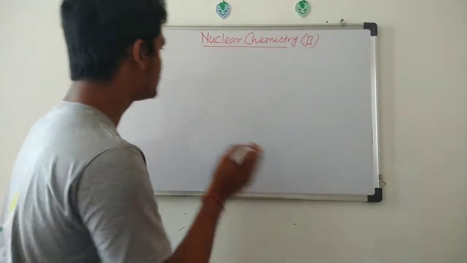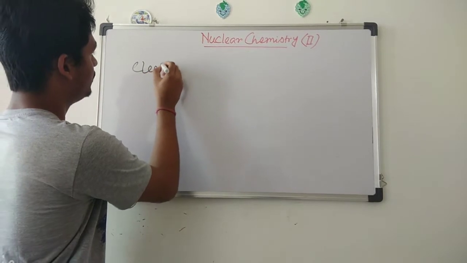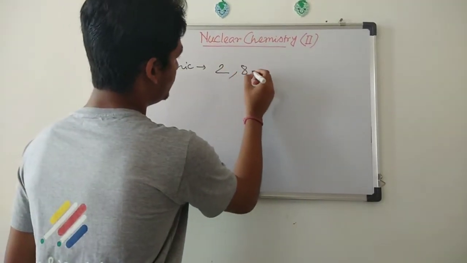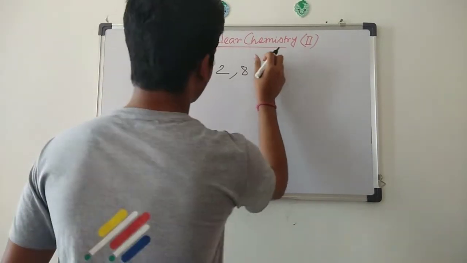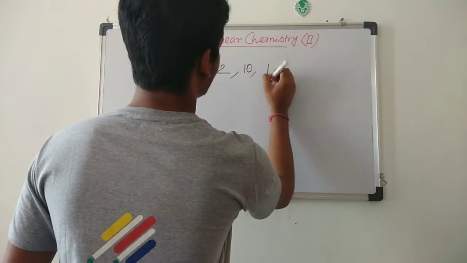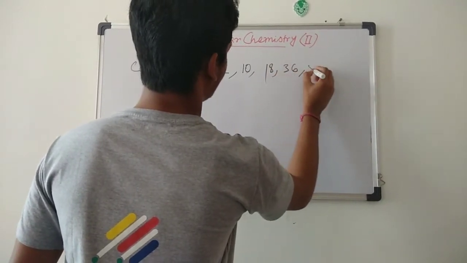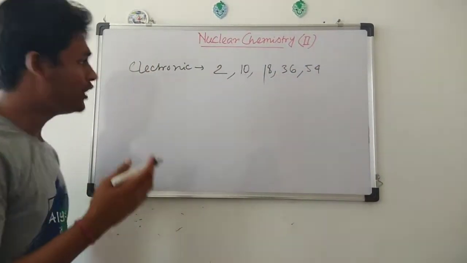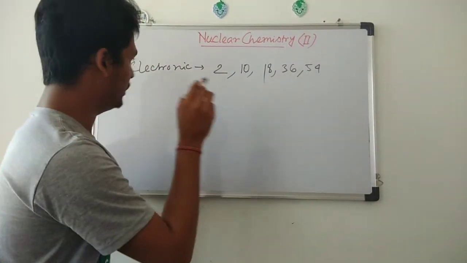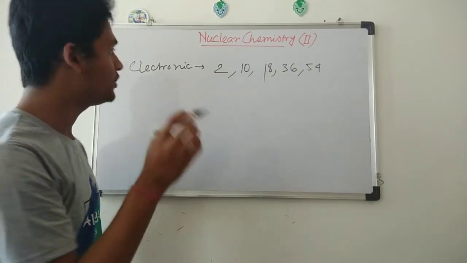What are those numbers in case of electrons? 2, 10, 18, 36, 54. If these are the electronic configuration, the atom is very much stable.